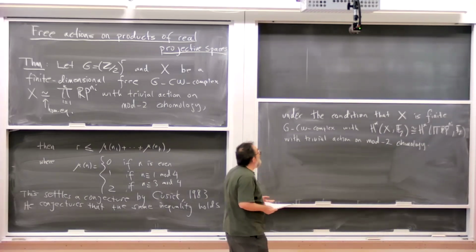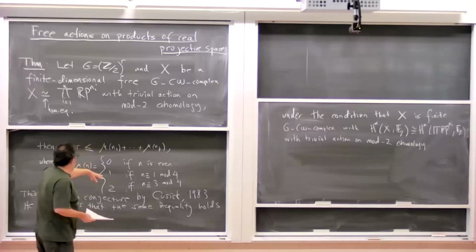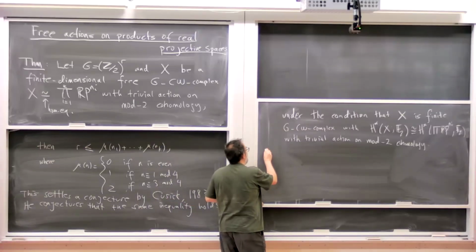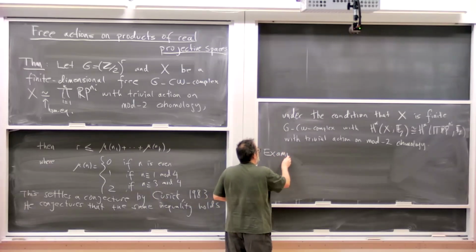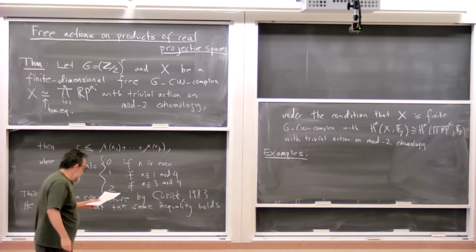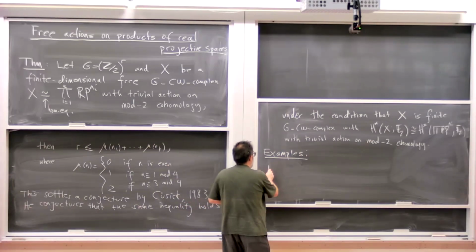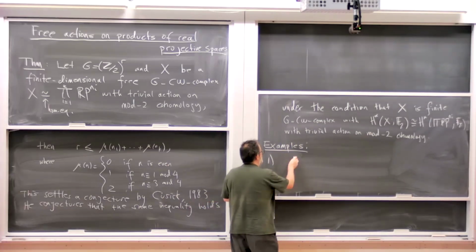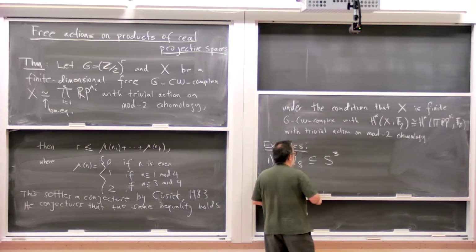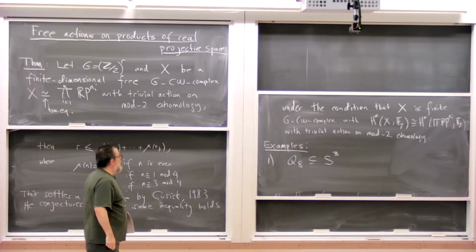You may wonder why this 0, 1, 2. There are some examples that justify these restrictions. The first example is probably easy to construct for many of us. The quaternion group Q8: you can think of this as unit quaternions in S^3.